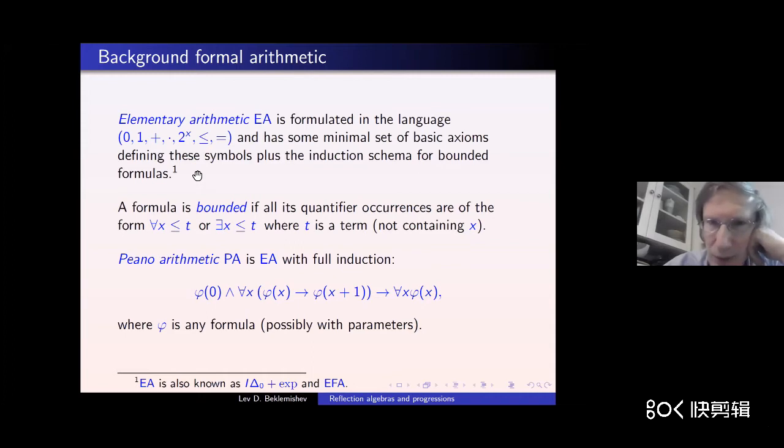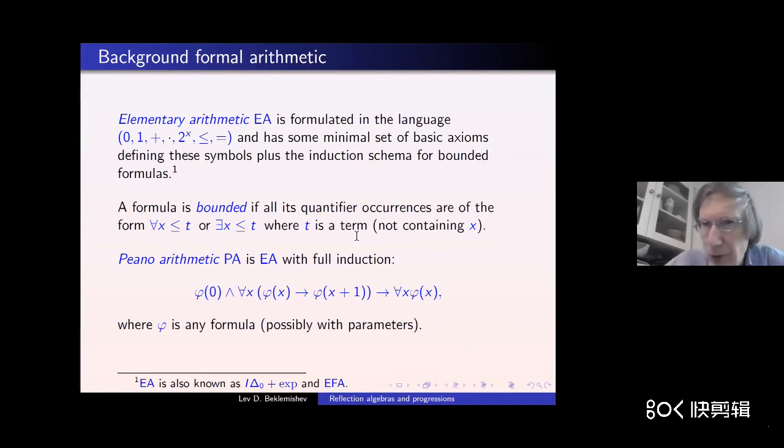Now we introduce the following notions. Bounded quantifiers are quantifier occurrences in logical formulas in this language that are restricted by terms. So if a quantifier for all x occurs in the context for all x smaller than t, where t is a term, an expression involving plus, times, and exponentiation, then this is a bounded universal quantifier, and if there is x smaller than t, where t is a term, then this is a bounded existential quantifier.